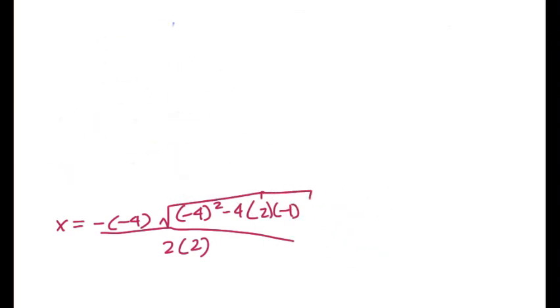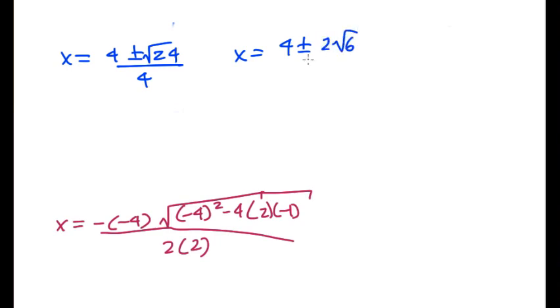let's erase all of this. According to your textbook, that's going to become x is equal to 4 plus minus the square root of 24 over 4. And that simplifies to x is equal to 4 plus minus 2 rad 6 over 4.